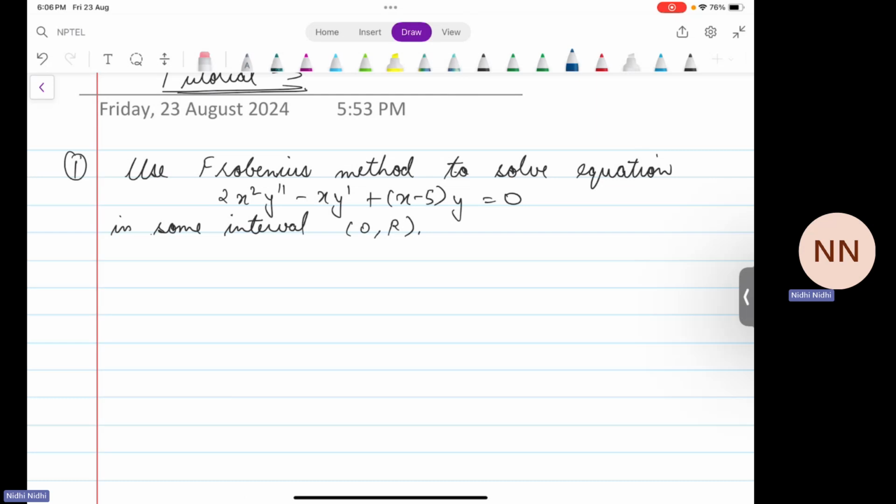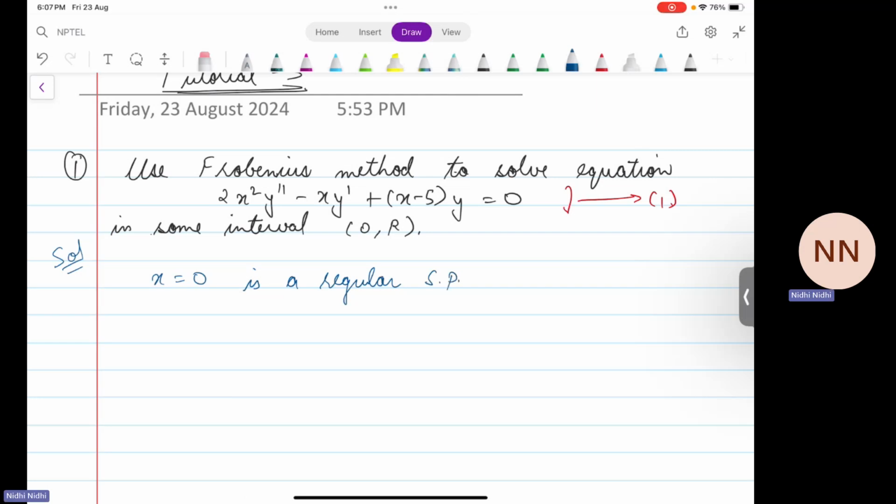You can directly see that, I hope I don't need to explain it again, that x equals to 0 will be a regular singular point for equation 1. X equal to 0 is a regular singular point.